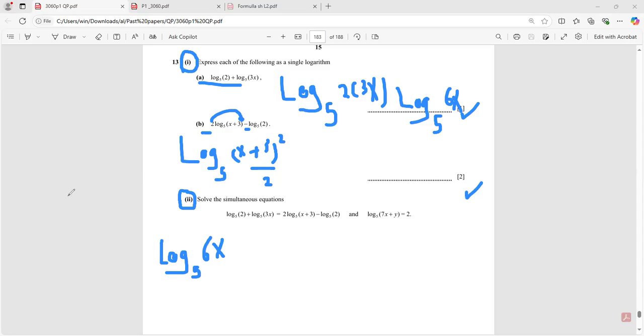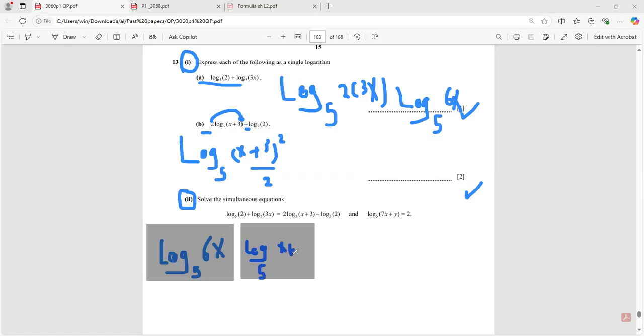Log base 5 of 6x will be equal to log base 5 of (x plus 3) squared divided by 2. Applying this rule, we can say that 6x is now equal to (x plus 3) squared divided by 2.